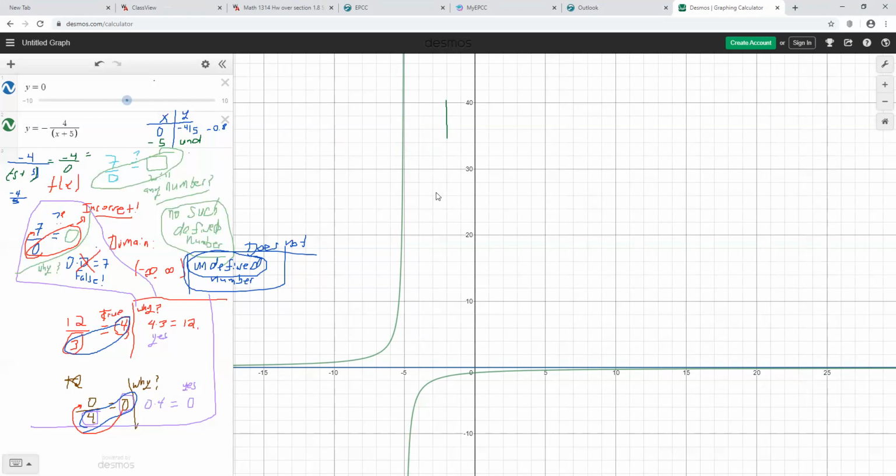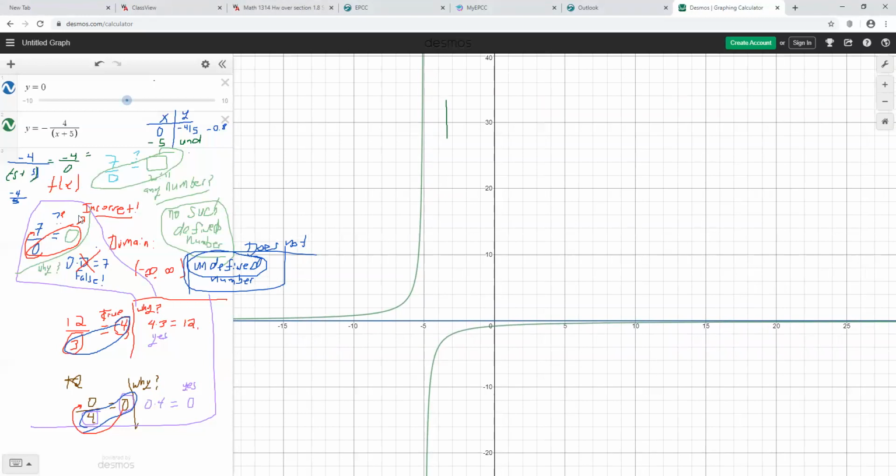It's not going to touch. Because why? At x equals -5, is there any defined mapping? No.